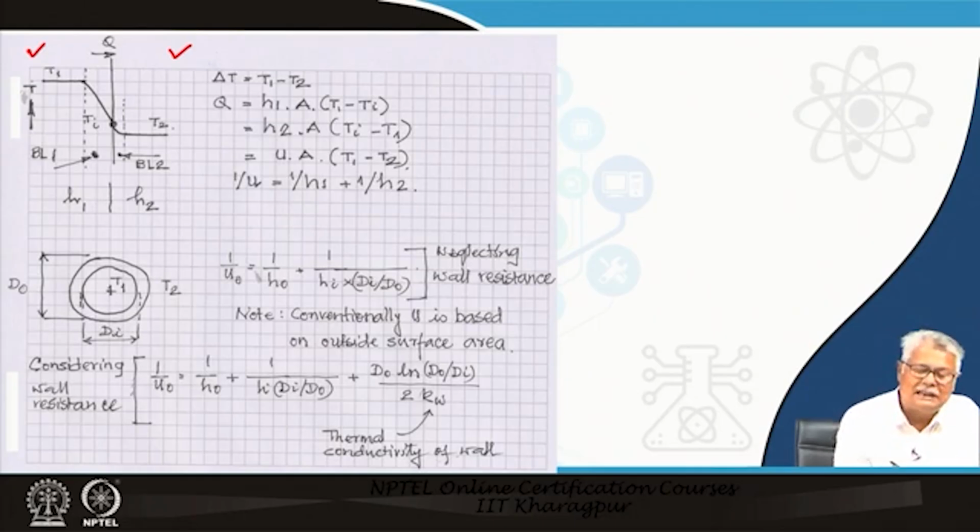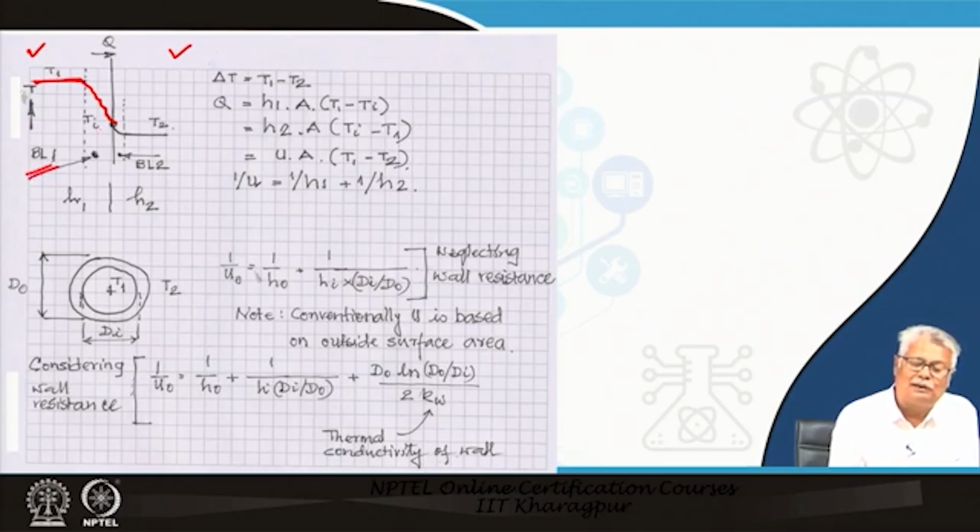You will notice that in the bulk, if it is fairly well mixed, the temperature is pretty uniform, more or less T1. The transfer is from T1 to the interface temperature Ti, and you will find a very sharp temperature change in a very narrow zone close to the interface. This is called the boundary layer.